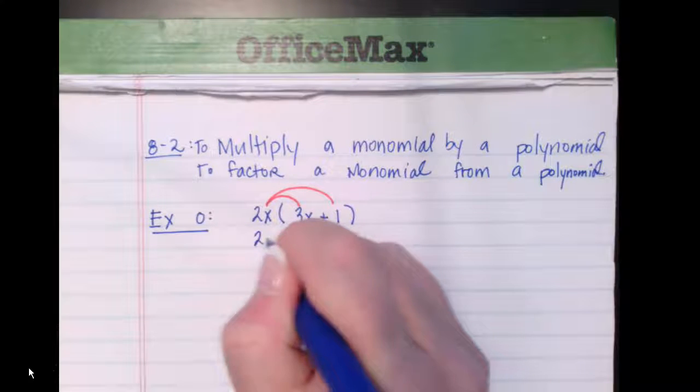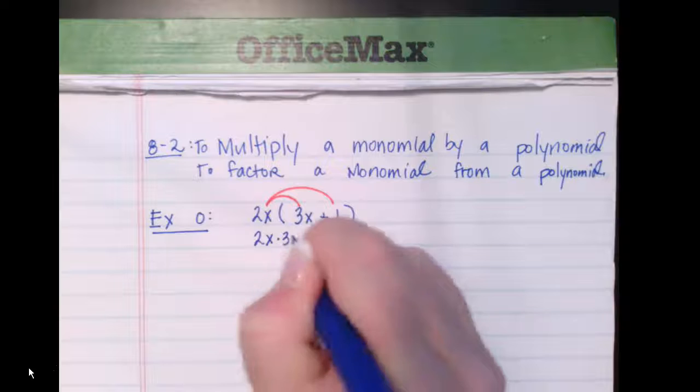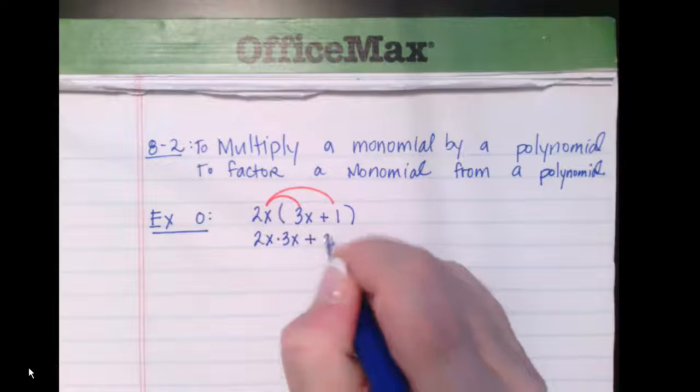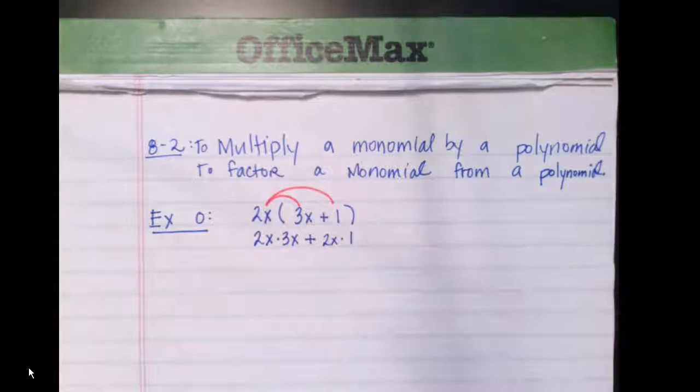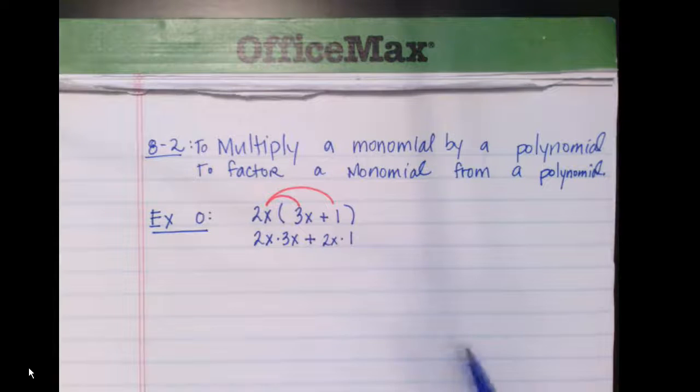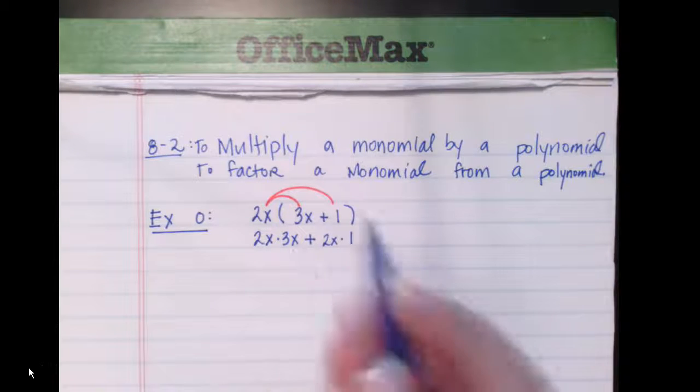So I'm going to write this out the long way. So I'm doing 2x times 3x plus 2x times 1. So now all that stuff we've been learning about how to multiply two expressions and using the exponent rules is what I'm going to use here.